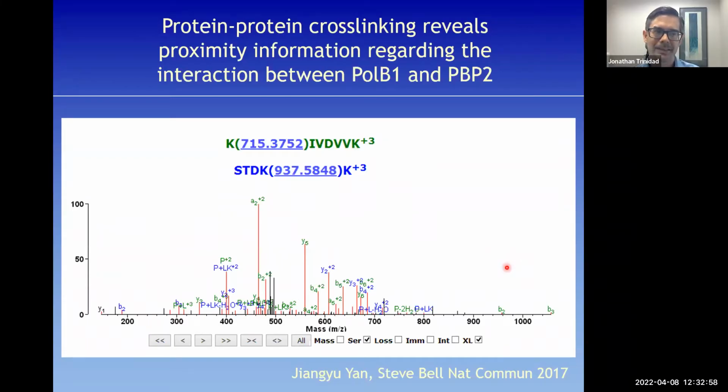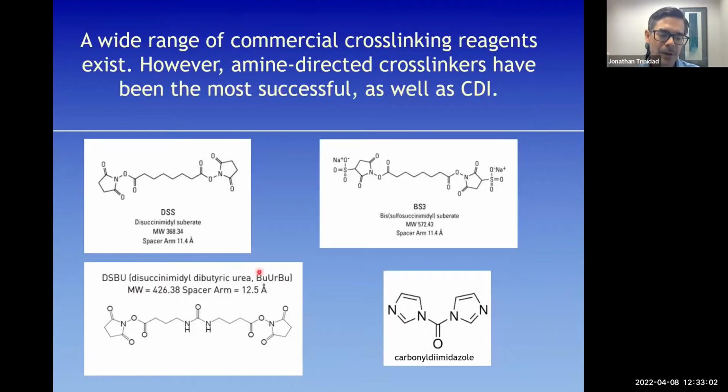We haven't done rigorous quantitative comparisons, but that's why we've been pretty excited recently about this DSBU version of these NHS esters. DSS/BS3 are essentially the same thing in terms of the crosslink they make. And I would guess from the literature, this might account for about 75% of what's published out there.